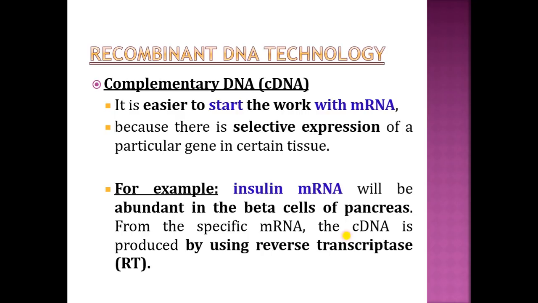So only beta cells have messenger RNA that translates into insulin. We start with that messenger RNA. From the specific messenger RNA, we produce the complementary DNA by the reverse transcription process with the help of the reverse transcriptase enzyme.